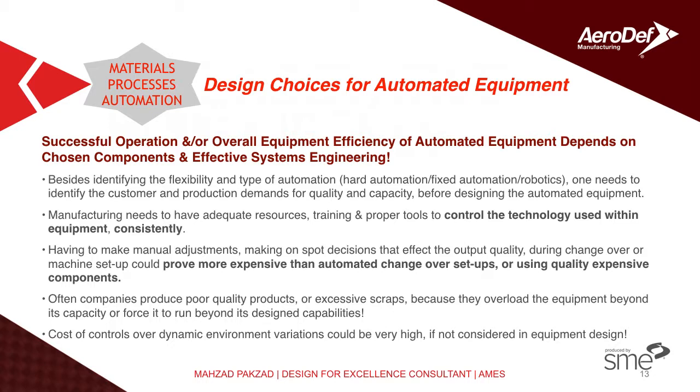Often companies produce poor quality products or excessive scrap because they overload the equipment beyond its capacity or force it to run beyond its design capabilities. The cost of controls over dynamic environment variations could be very high if not considered in equipment design.